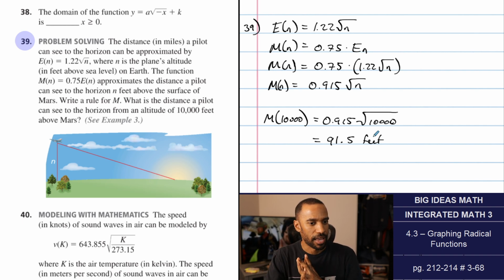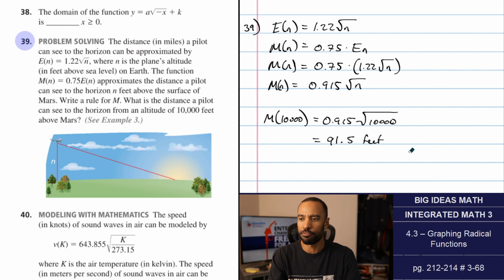What's the distance a pilot can see to the horizon from an altitude of 10,000 feet above Mars? They can see 91.5 feet. What does that mean? The altitude, I was hearing it the other way. They can only see 91.5. Oh, this is miles.